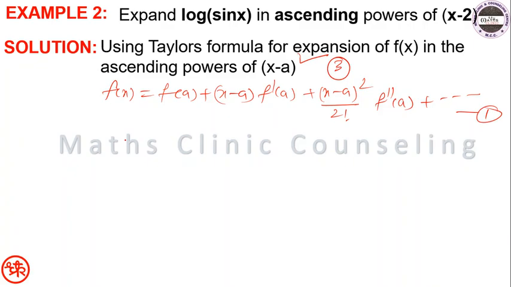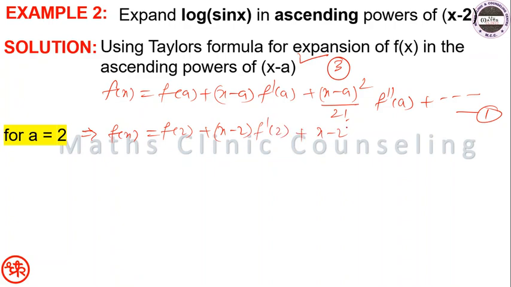Now for x is equal to a is equal to 2, this implies f of x is equal to f of 2 plus (x minus 2) into f dash of 2 plus (x minus 2) whole square by 2 factorial into f double dash of 2 plus dash dash dash, and this is equation number 2.